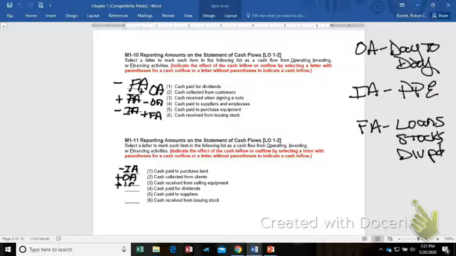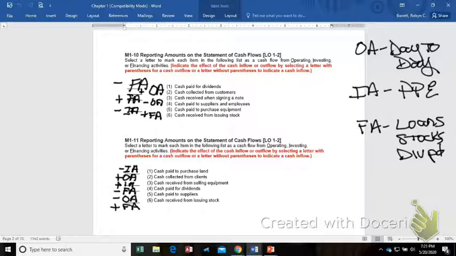IA. IA. Cash paid for dividends. Negative FA. Negative FA, yep. Cash paid to suppliers. Operating. Yep. And cash received from selling stock. Plus FA. Plus FA. All right.